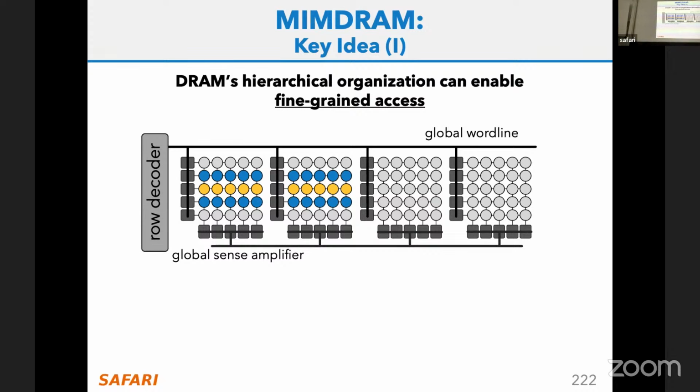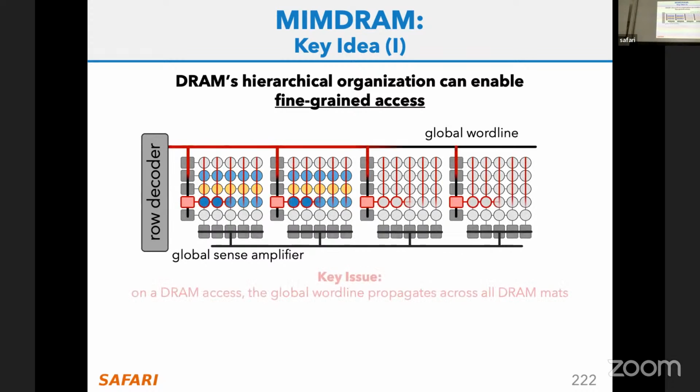Again, it's just an overview of a DRAM subarray. Here I have another view, and inside this DRAM subarray we have what are called DRAM mats, and we have this global wordline that spreads across the different DRAM mats. So when you do a DRAM row access, the portions of the row across all the different DRAM mats are accessed, because the row decoder drives all of the mats together in a DRAM access, even if you're only going to access a small portion of the row later on, for a cache access, for example.